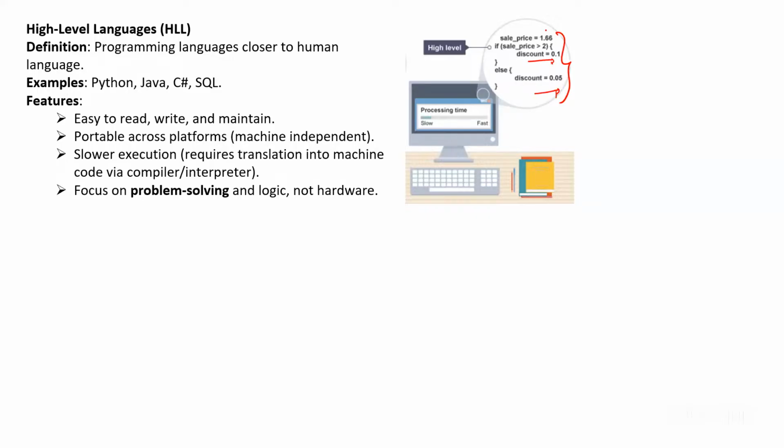This is understandable by a human. Those kinds of languages are called high level languages, like Python, Java, C++, or even SQL, where it is very easy to read, write, and maintain. It is not dependent on the machine. There is a compiler or interpreter that converts your code for the computer. It is not dependent on the hardware, but on the logic you write in the language.